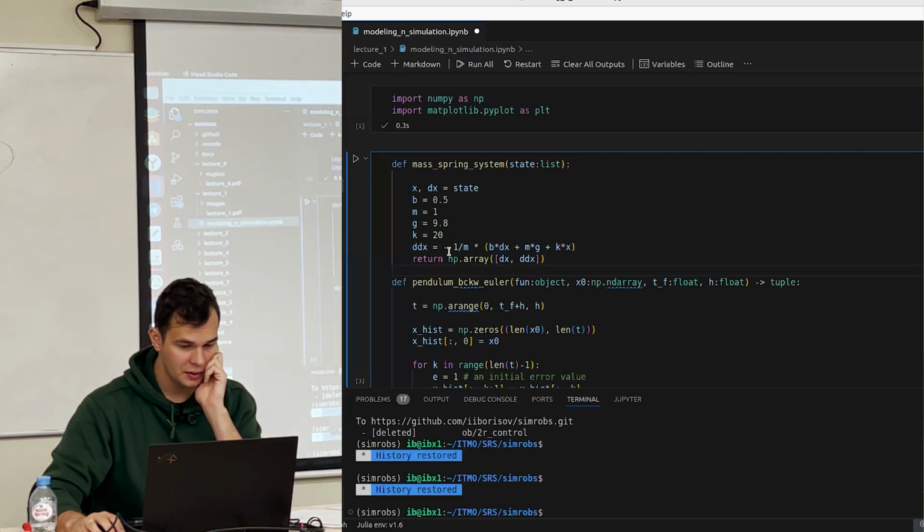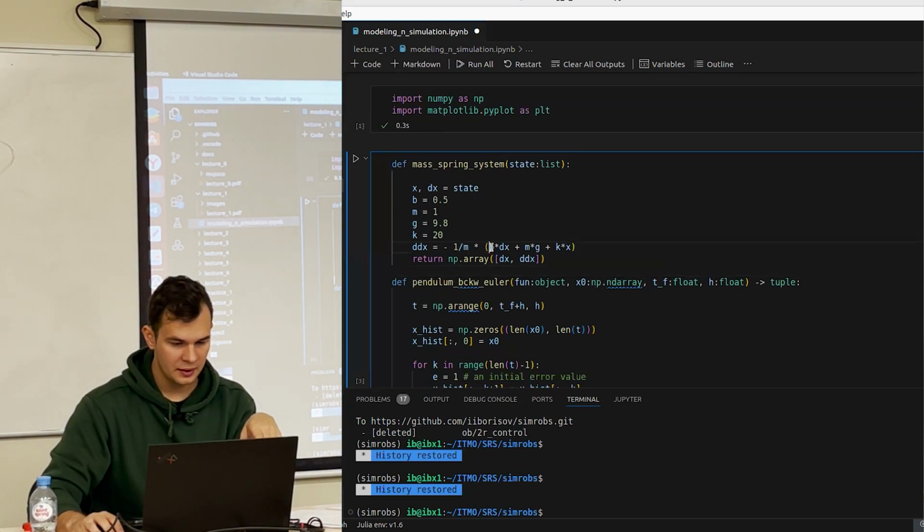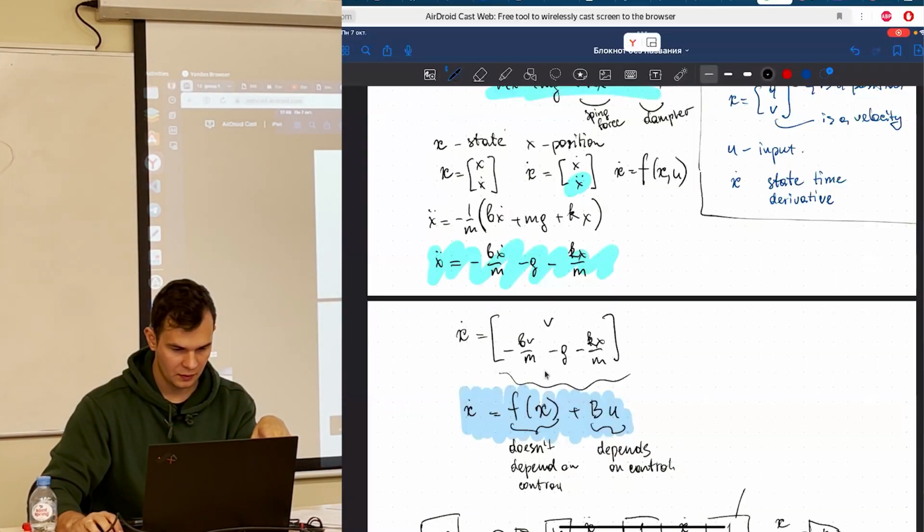You see, minus 1 divided by m times damping, gravity, spring force.